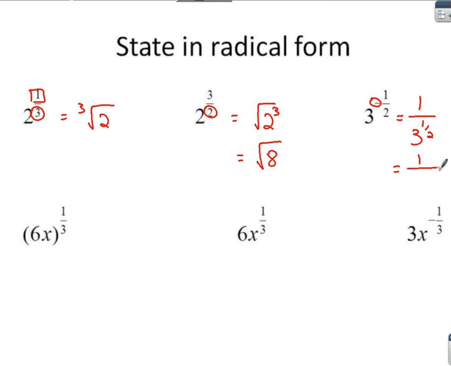Because the denominator in the fractional exponent here is a 2, I know I've got a square root. 3 goes underneath that root, and once again, the power applied to that 3 is just going to be a 1 because that was the numerator in my fractional exponent. So 1 over root 3 would be the result. Again, I could rationalize to get rid of that radical in the denominator, but that really goes against our goal for today, just trying to write this in radical form.